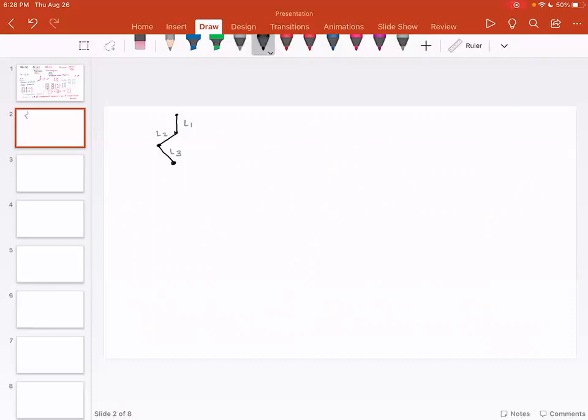On the other hand, if you were to look at the structure or the chain, maybe this is called the network. If you have L1, L2, and L3, you can see L3 is dependent on L1 and L2.